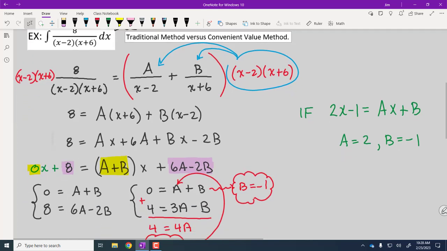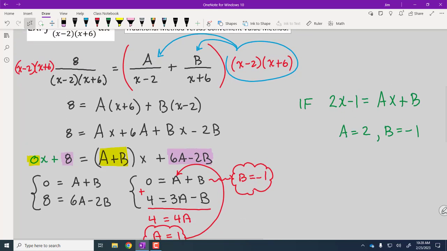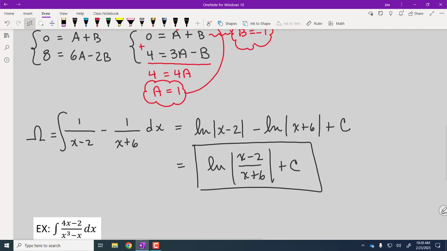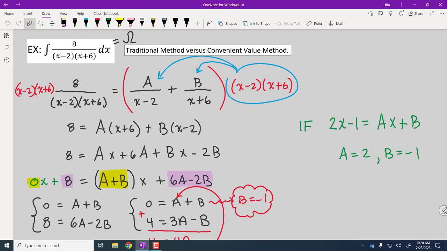So then the process of solving for a and b allows us to figure out what each of those little fractions, those partial fractions, will look like. So we solve for a and get 1, we solve for b and get negative 1, and so that just allows us to rewrite the integrand as a sum of two partial fractions instead of as one more complicated fraction.